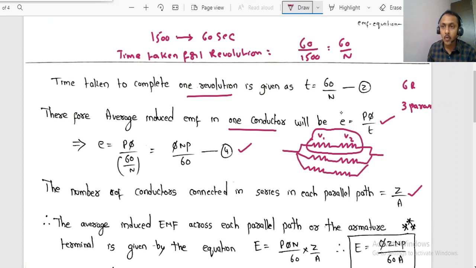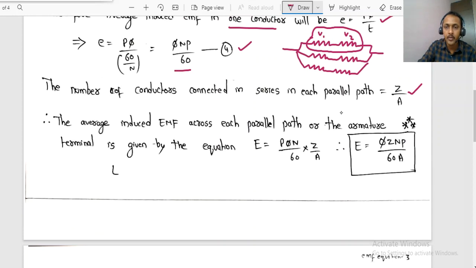Now, as these many conductors are in series, across each conductor we know the induced EMF. Now across the entire path the induced EMF will be how much? Very simple, very, very important. Across the entire series path the induced EMF will be P phi N by 60 into Z by A.